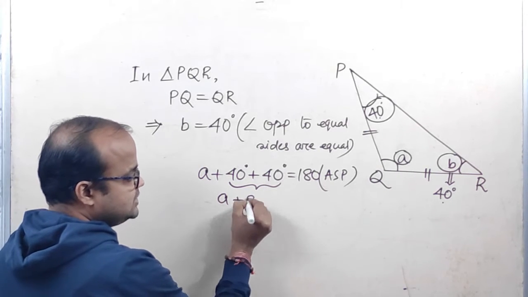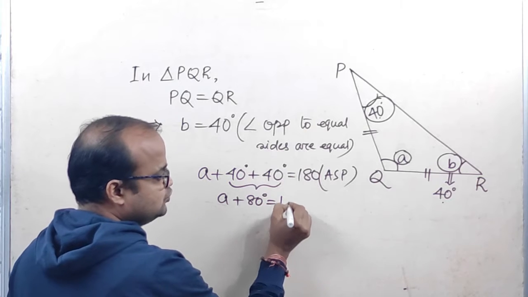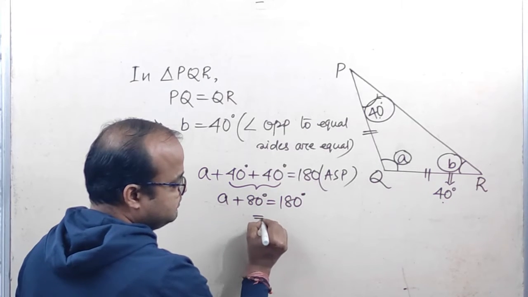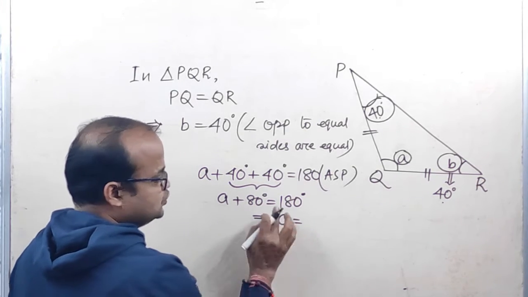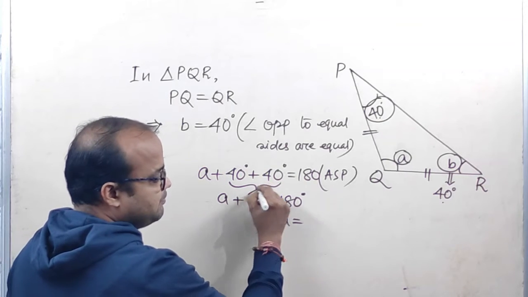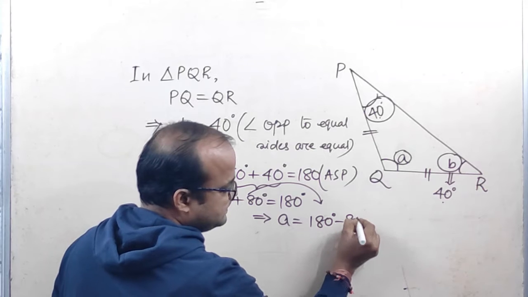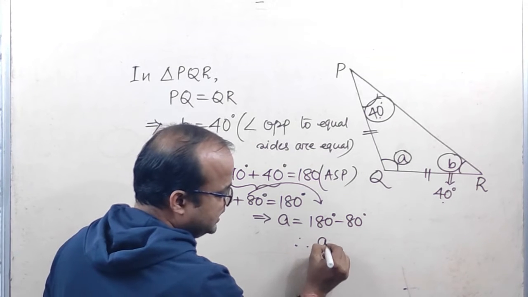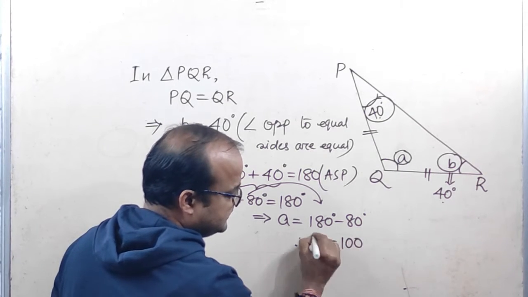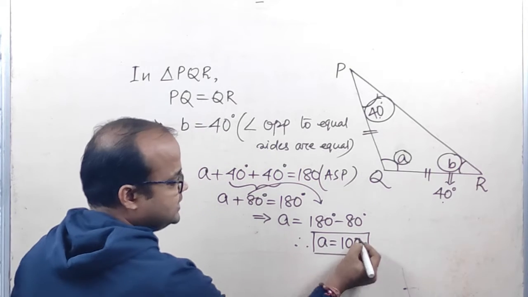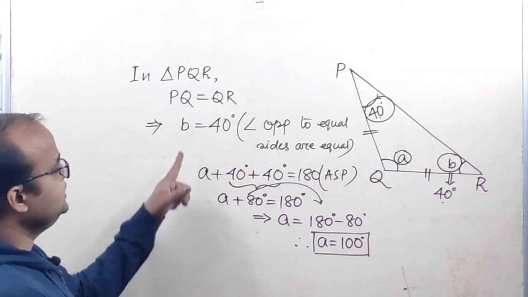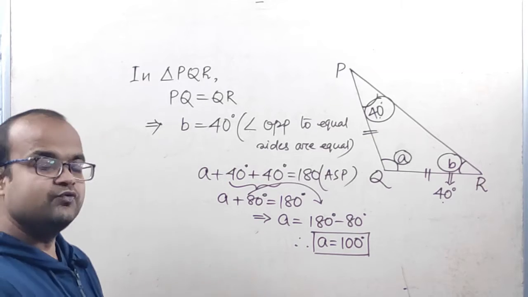So A plus 80 degree equals 180 degree. It implies A equals 180 degree minus 80 degree. Therefore A equals 100 degree. So the value of A is 100 degree and B is 40 degree.